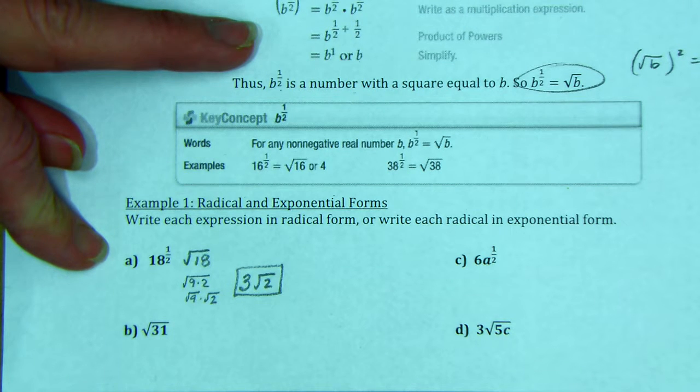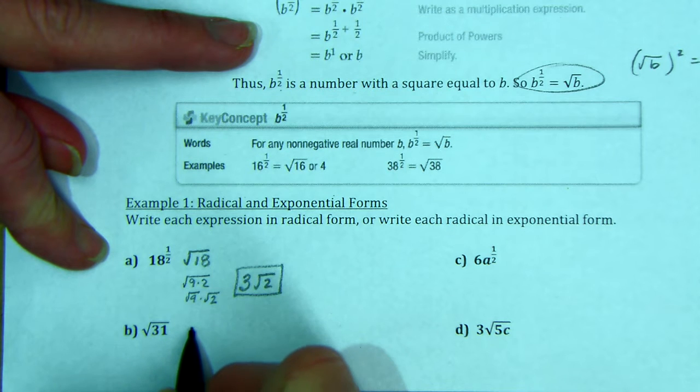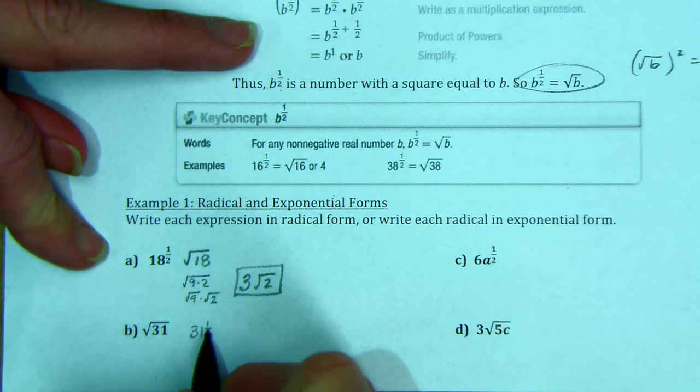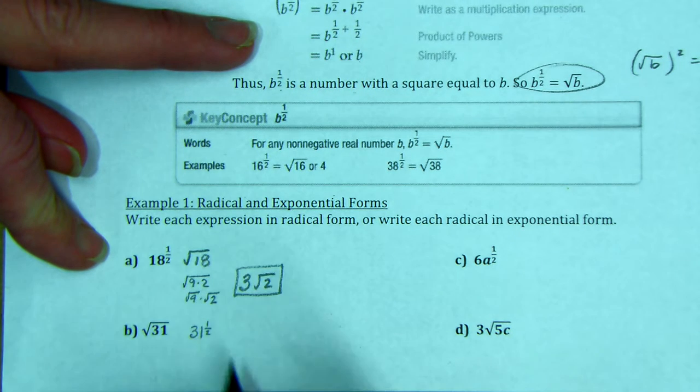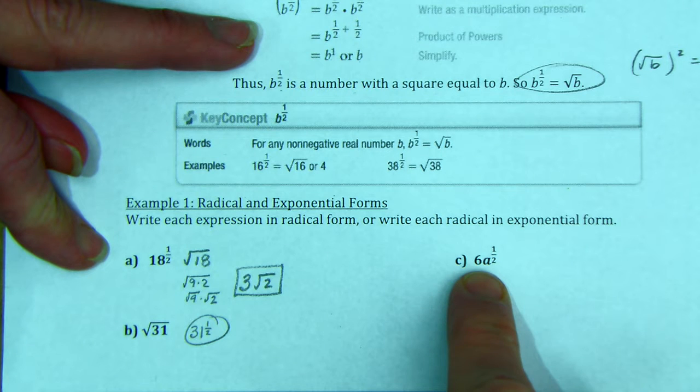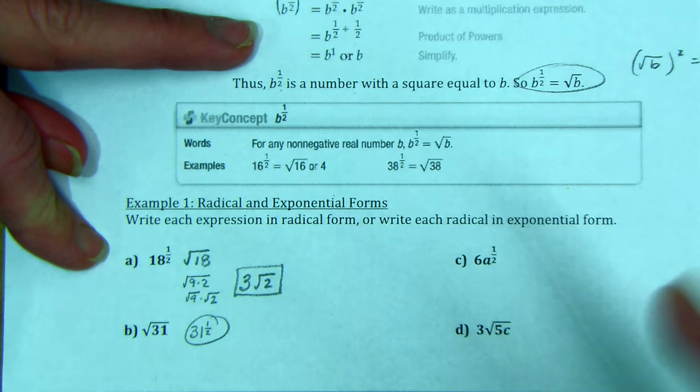Okay, letter B, so right below it is the square root of 31. So it is a radical. We want to write it in exponential form, so that is the square root, which would be 31 to the 1/2 power. That's it. Okay, this one is to the 1/2 power. Notice, is the 6 to the 1/2 power? No, it's not, because they didn't put it in parentheses.